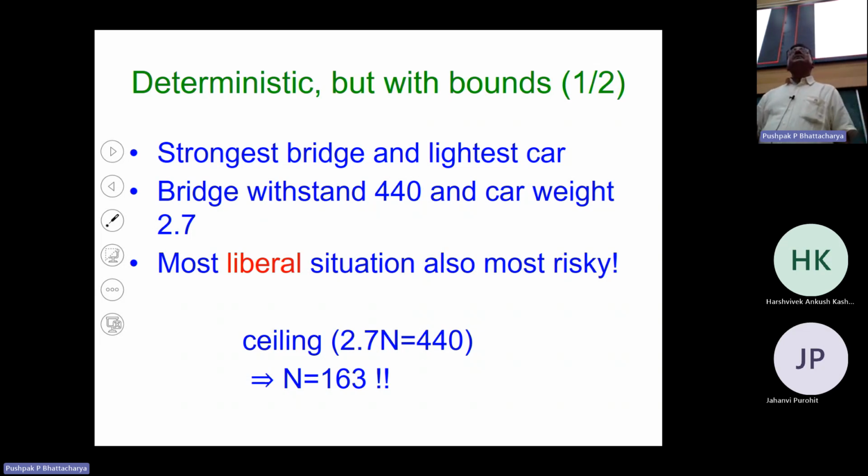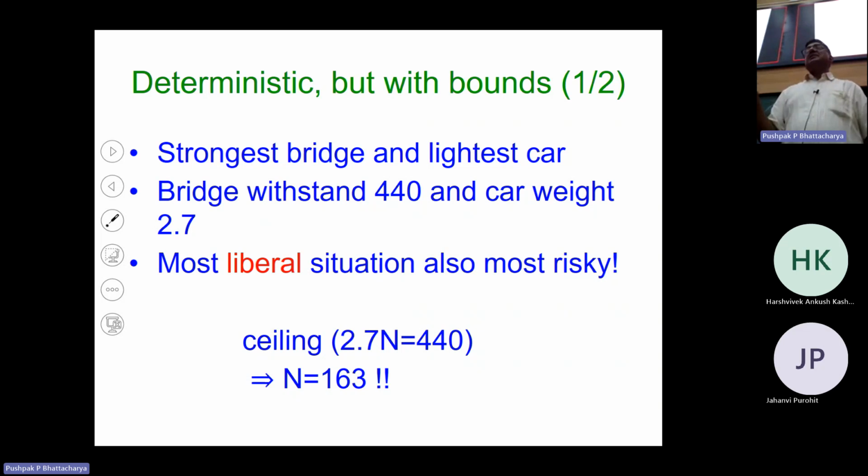Let's consider the best possible situation: the strongest bridge and the lightest car. The bridge can withstand 440 as the tolerance weight, because the standard deviation is 40, so 400 plus 40. And the car weight is 3 minus 0.3, since the mean weight is 3 and the standard deviation is 0.3, so 2.7.